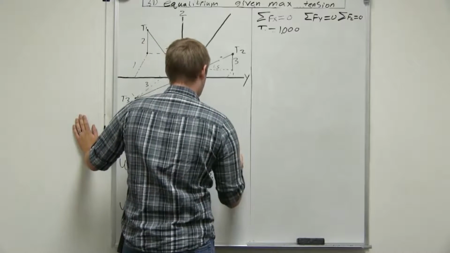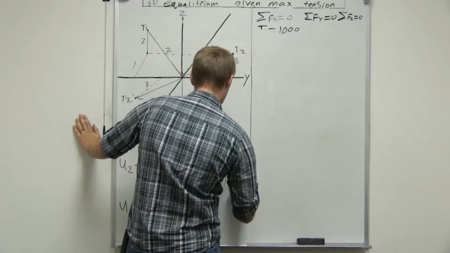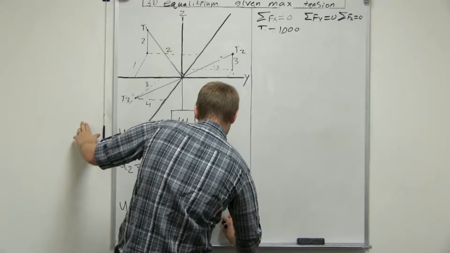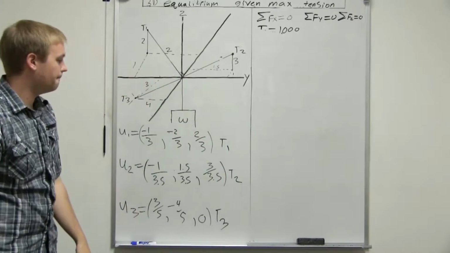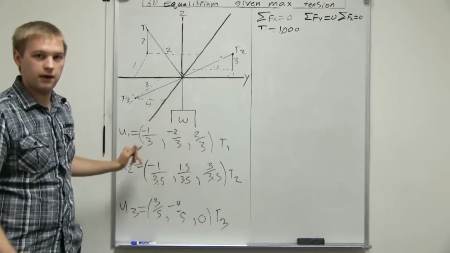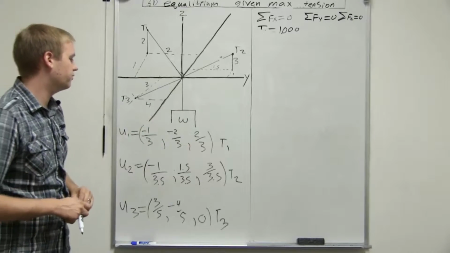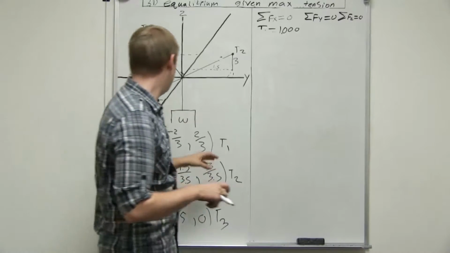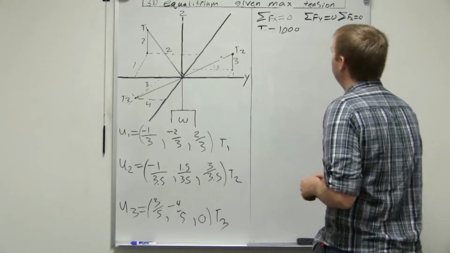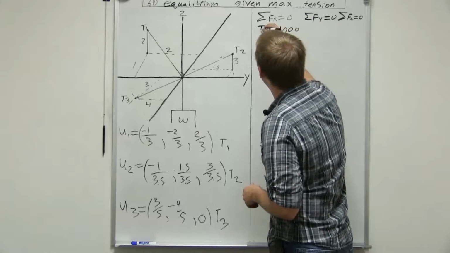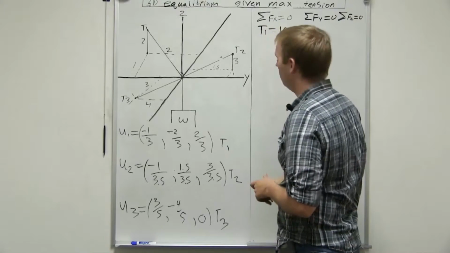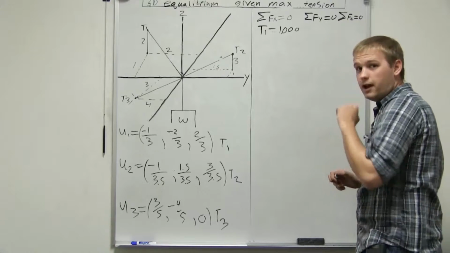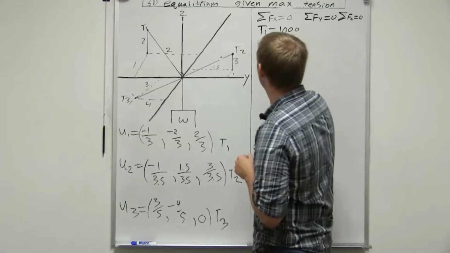So we'll just do that with each of these. Given how vector multiplication works, it just multiplies them all through. Okay, so now we're going to set up the rest of our equations.